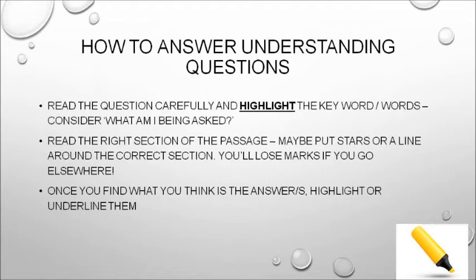I would always say to put a wee line round it or stars round that section only, so that you never look elsewhere, because marks are lost every year in the exam for doing silly things like answering somewhere else. And then once you think that you found the answer, highlight or underline it, and then that's what you're focusing on to try and put it in your own way.